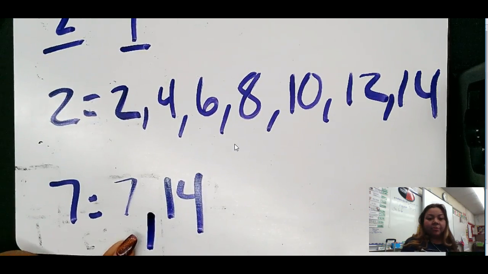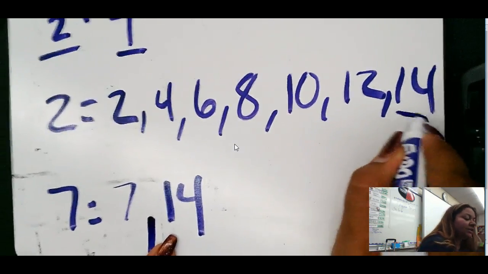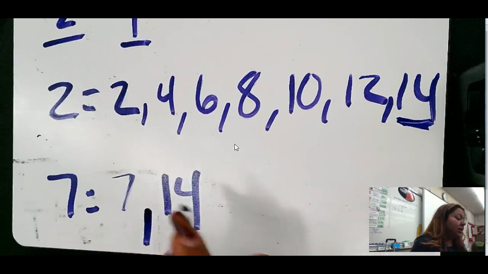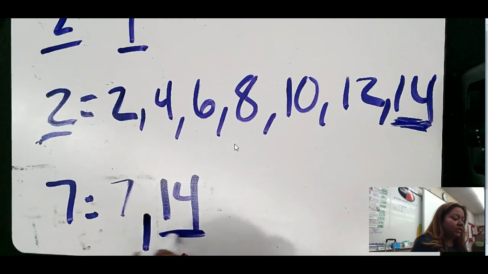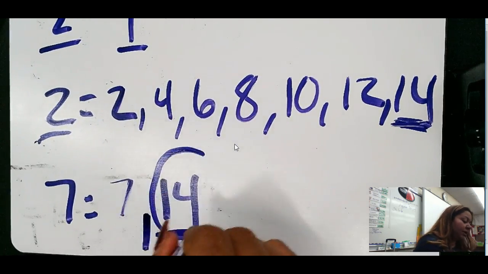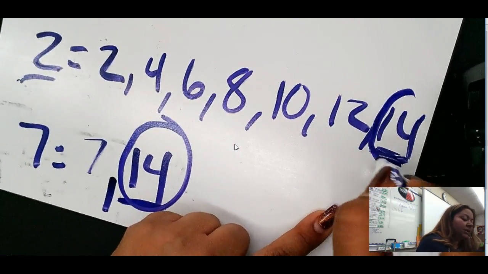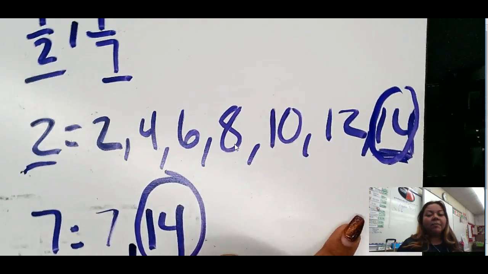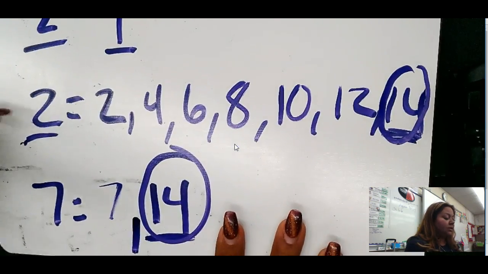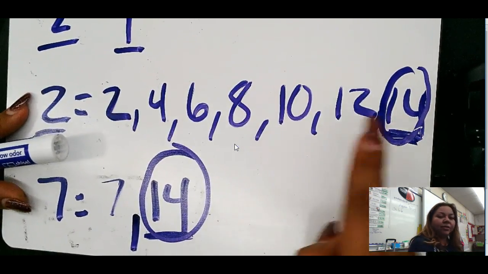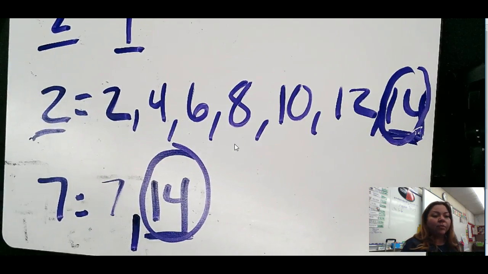Oh, I can stop now. See? Why? Because I just realized that I have a 14 in my 2 and a 14 in 7. So this 14 is my common denominator because both of my denominators have a 14 and I can work with that.